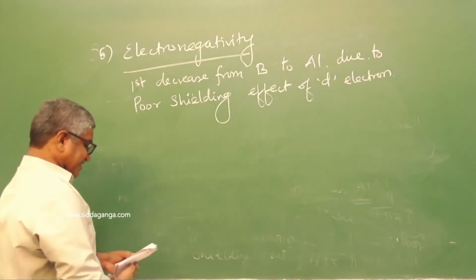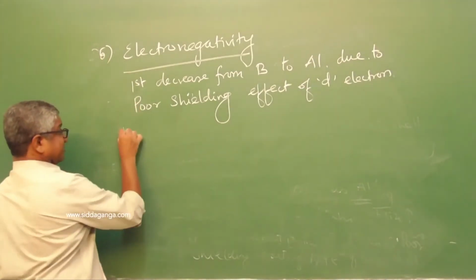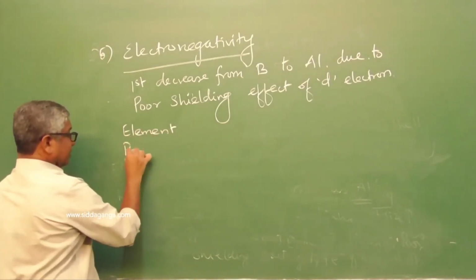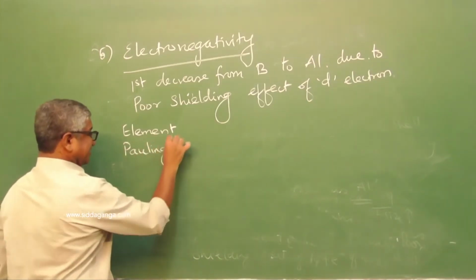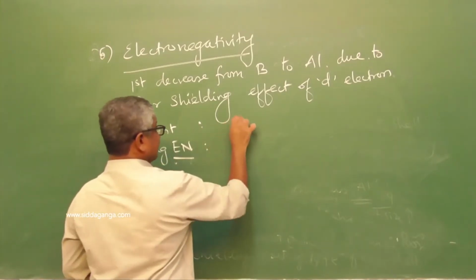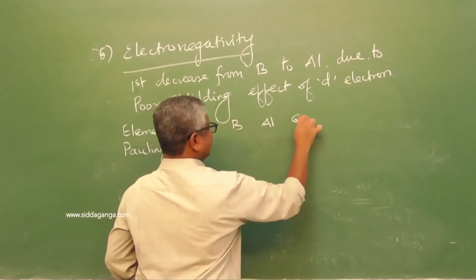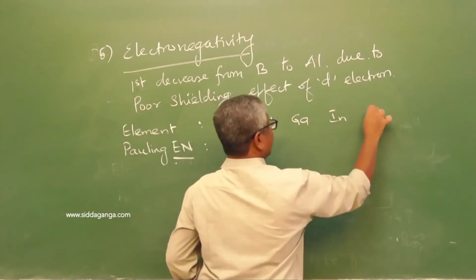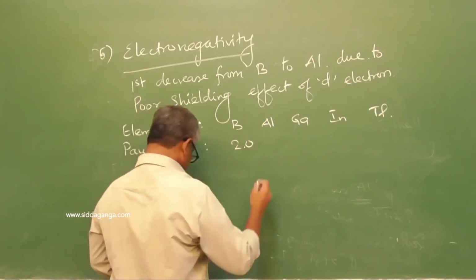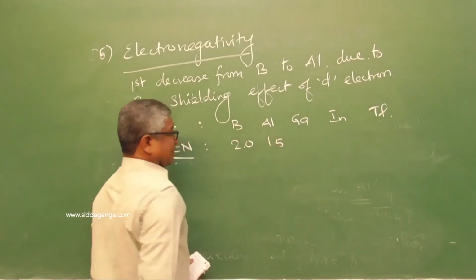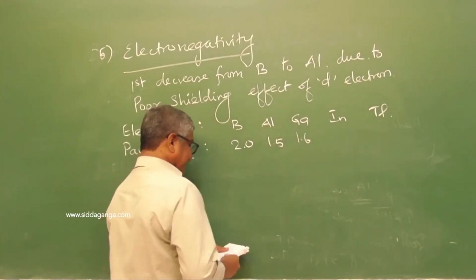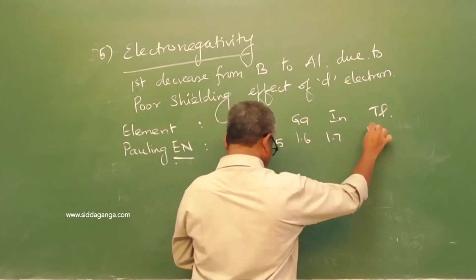Now the next is element and Pauling electronegativity: boron, aluminum, gallium, indium and thallium. Boron has 2, then aluminum is 1.5. It starts increasing due to poor shielding effect: 1.7 and 1.8.